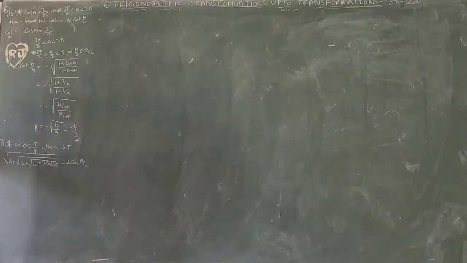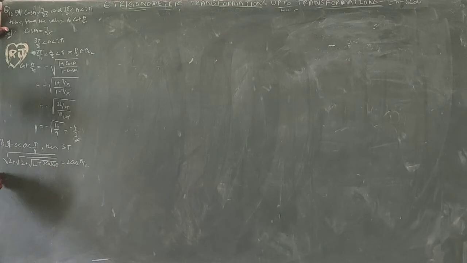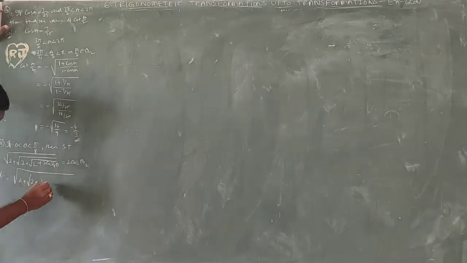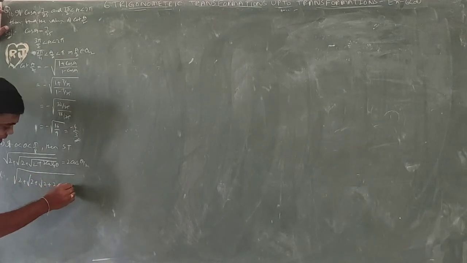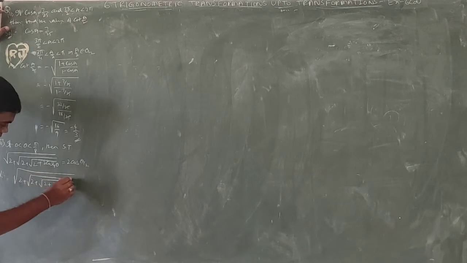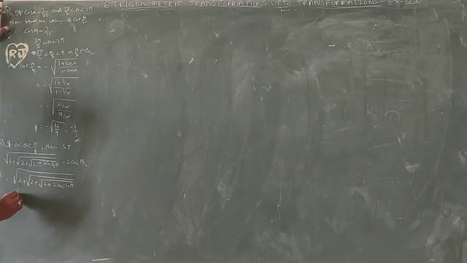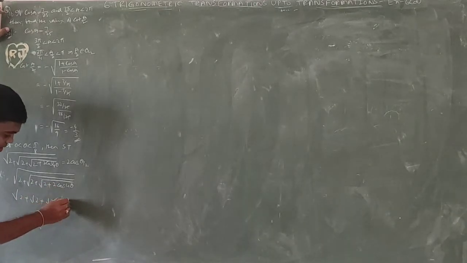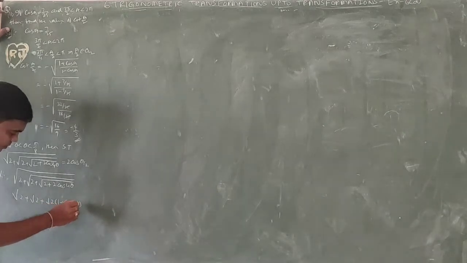Solution: I am taking square root of 2 plus square root of 2 plus square root of 2 plus 2 cos 4 theta. In this, 2 common, 1 plus cos 4 theta.